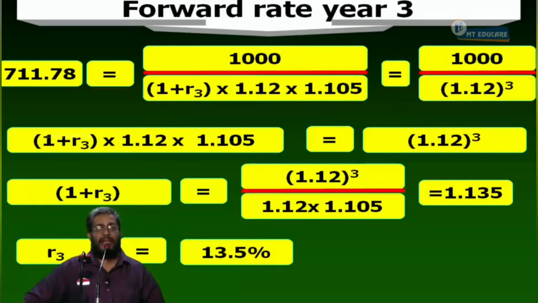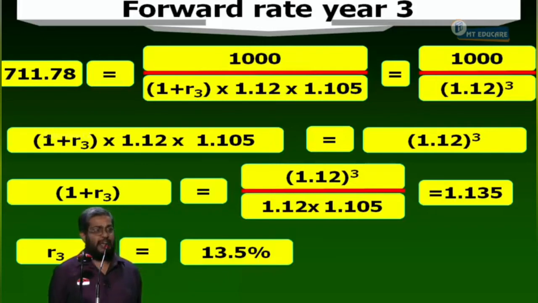2. In case of 0 rates, the forward rates can be calculated easily using bootstrap method, B-O-O-T, boot, hyphen, S-T-R-A-P, strap, within quotes write bootstrap method.